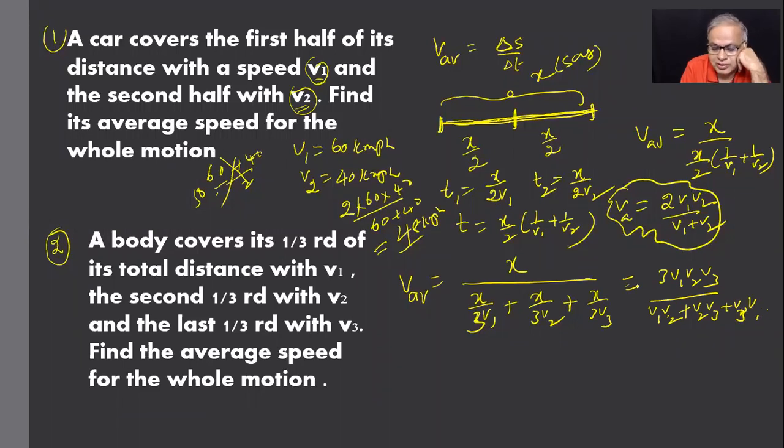You may check distance by time: time for first 1/3, time for second 1/3, time for third 1/3. All right. These are all very popular sums. So I'm just going a little quick. But if somebody did not follow, tell me.